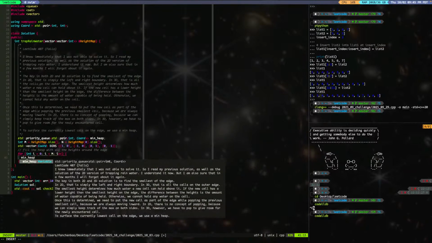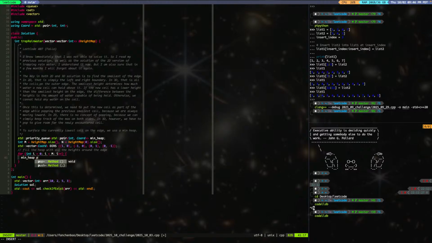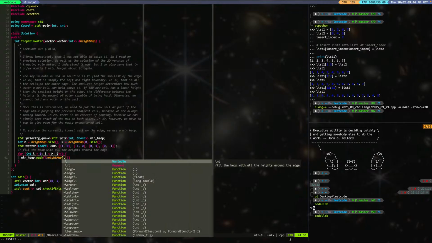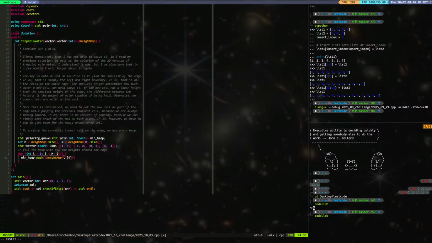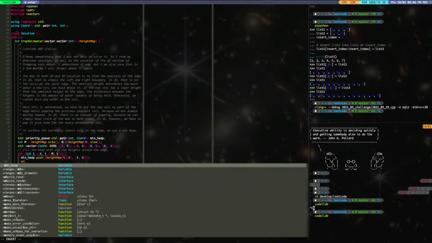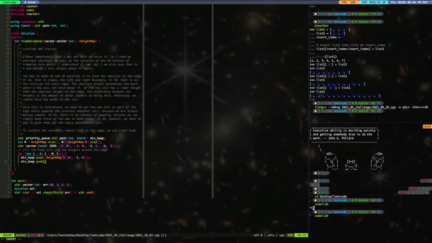We say min heap dot push, height map i, 0, i, 0. Min heap dot push, height map, so the right is gonna be n-1, n-1, n-1.